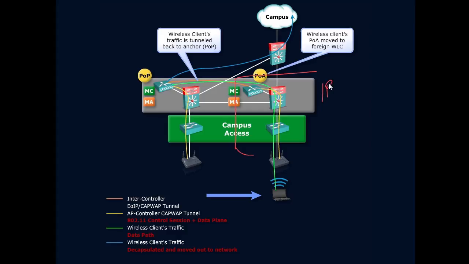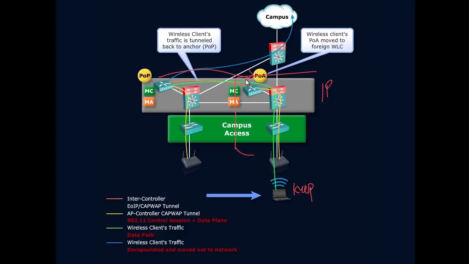We have to figure out how this client could now keep its original IP address and all the original types of configuration. So what's going to take place here is very simple. The point of attachment for this client is going to change. The POA is going to move, as you see, it's already done in this environment, to the new wireless LAN controller.